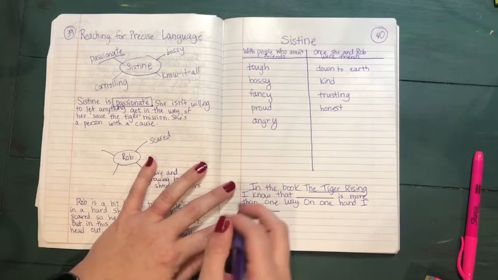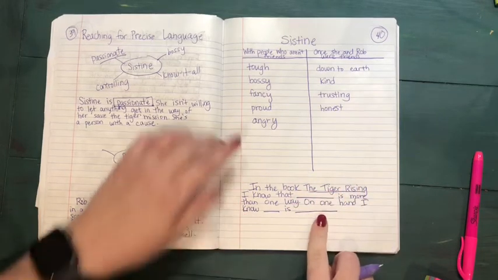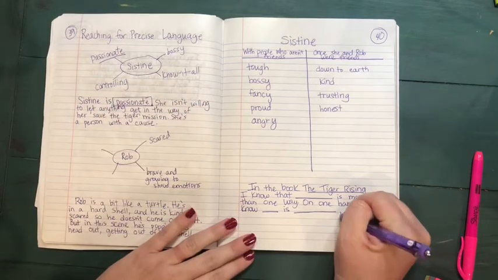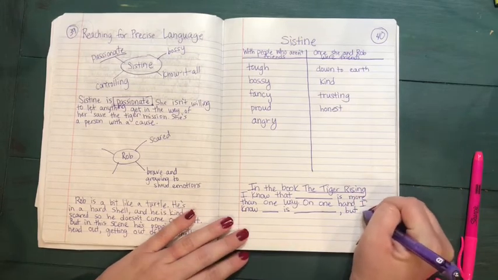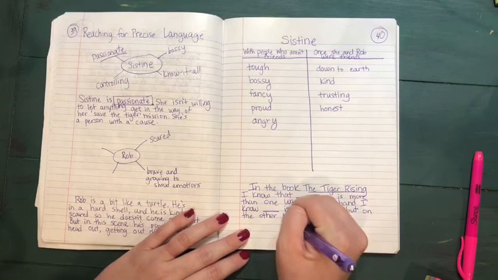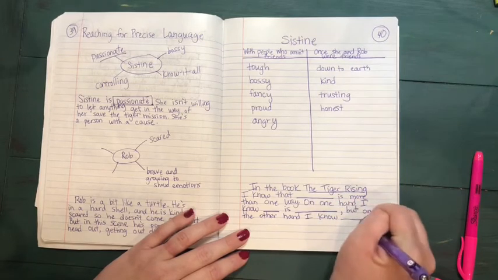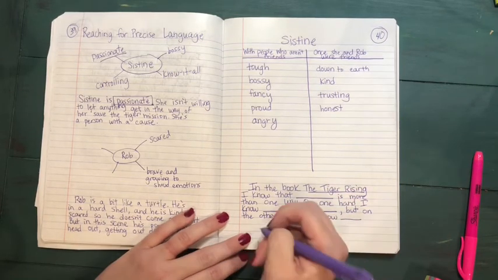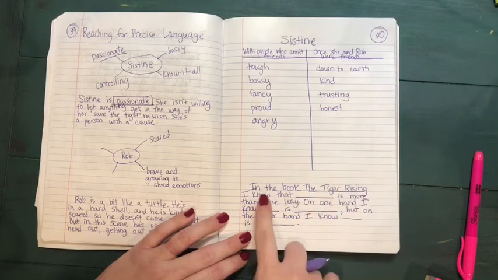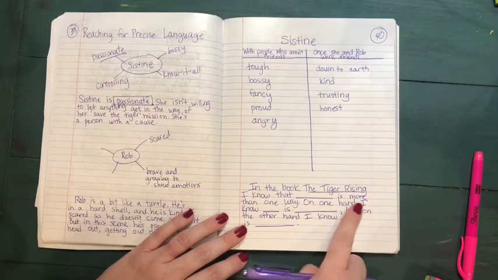On one hand, I know is, and then you're going to use one of the words describing who they are in one situation, comma, but on the other hand, I know, and once again, a pronoun, so he or she is, and then the second word to describe from the second side. So in the book, The Tiger Rising, I know that this is going to be one of the characters, Sistine or Rob, is more than one way.